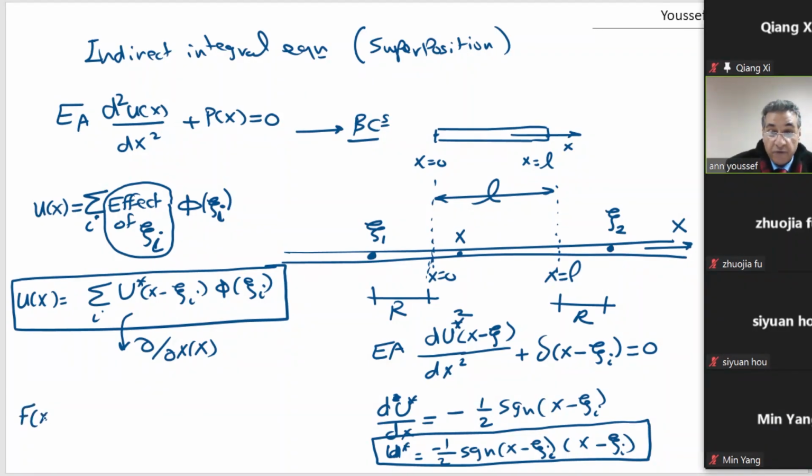F of x equals the sum over the sources i of EA times du star of x minus xi i by dx times phi of xi i. Here phi of xi i is constant because we differentiate with respect to the coordinate of the point x, not with respect to xi. Because of that, I use the partial derivative here.